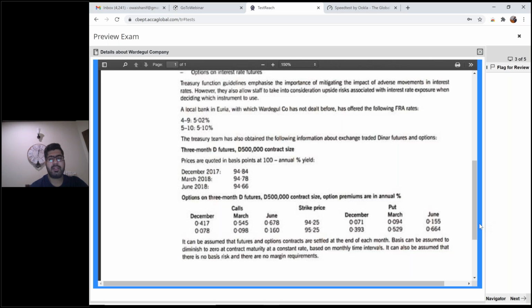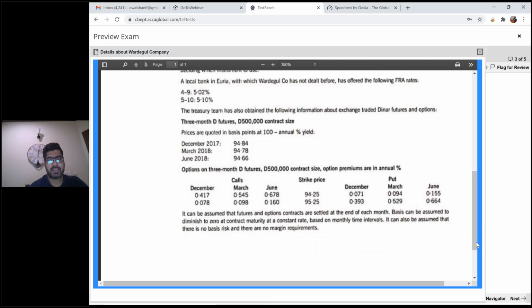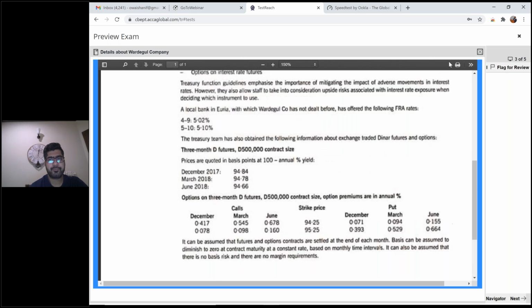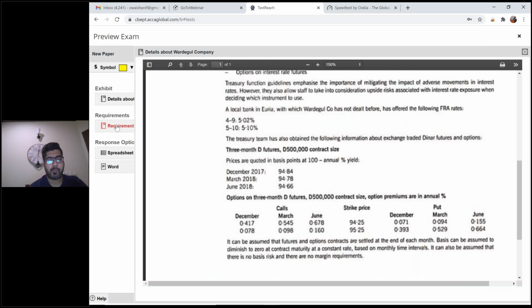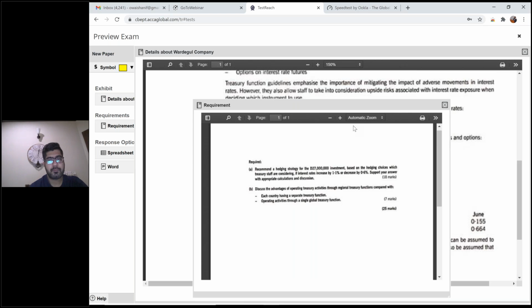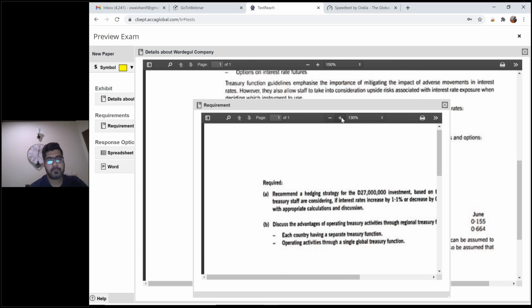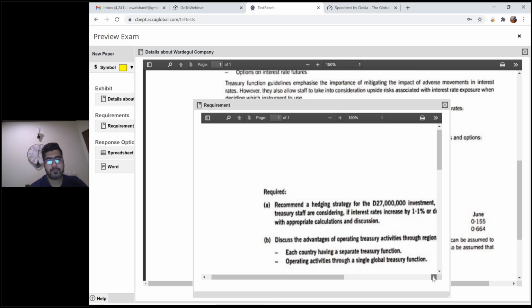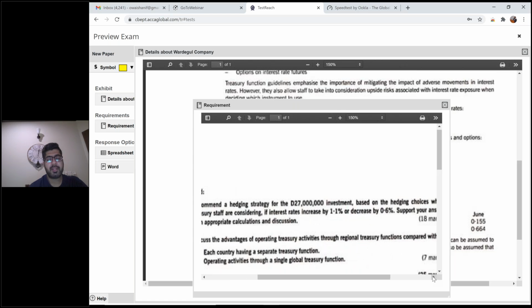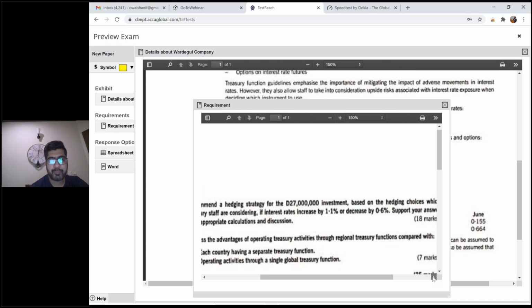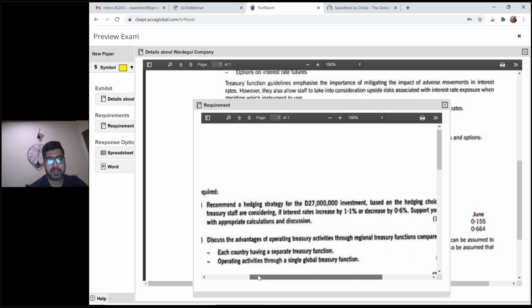After the information, the question stated: recommend a hedging strategy for the 27 million investment based on the hedging choices which the company is considering, if interest rates increase by 1 point and decrease by 0.6.